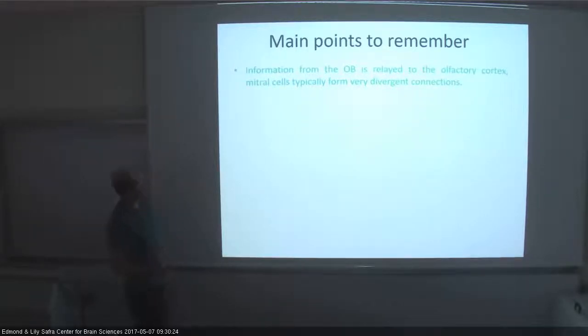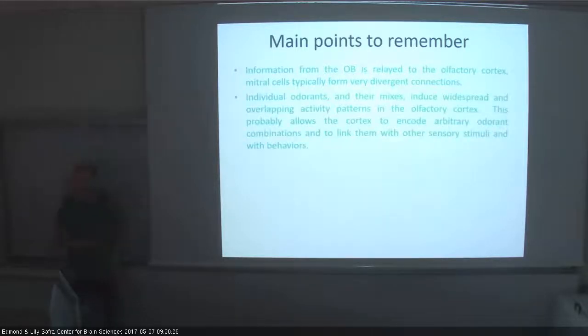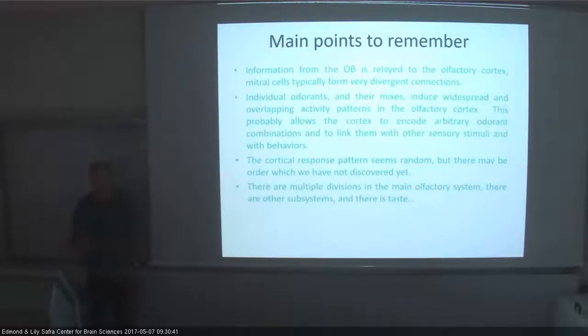Information is relayed to the cortex in very diverging connections, the yellow labeling that we saw, and the responses are widespread, and this allows the cortex to encode arbitrary combinations of molecules. And of course, there may be an order that is there, but our ability to view it doesn't uncover it.